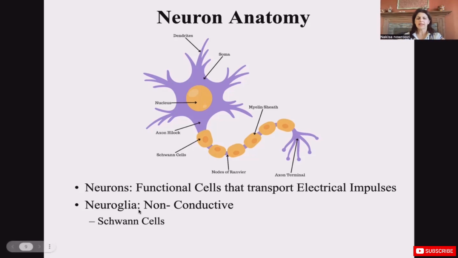You have neuroglia, which is non-conductive tissue, like Schwann cells that deposit this fatty substance, the myelin sheath, around the axon to protect it and to facilitate the speed of the transmission. This is called Schwann cells. This is one type of neuroglia.